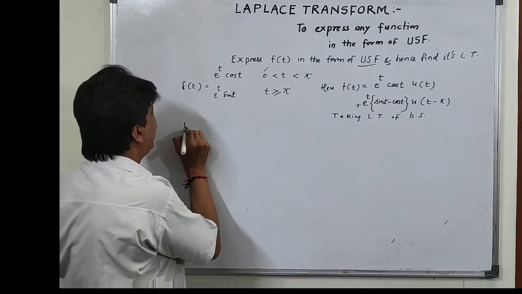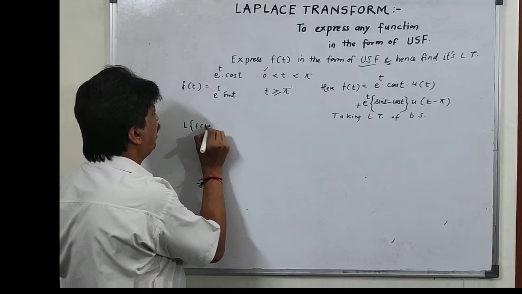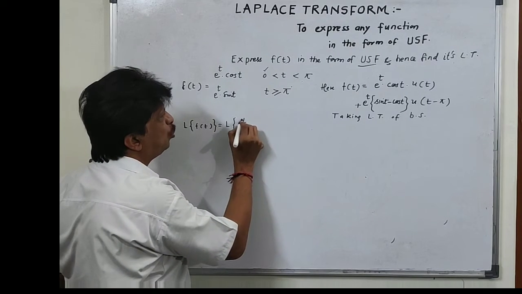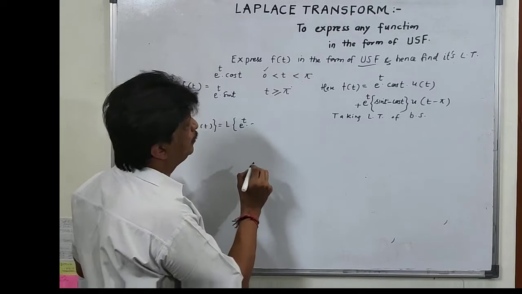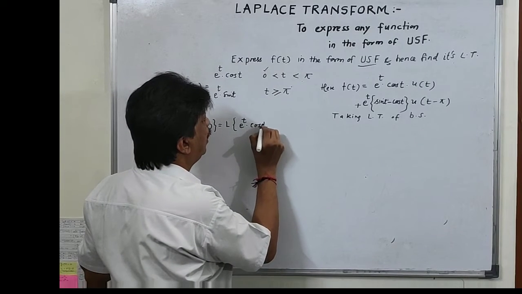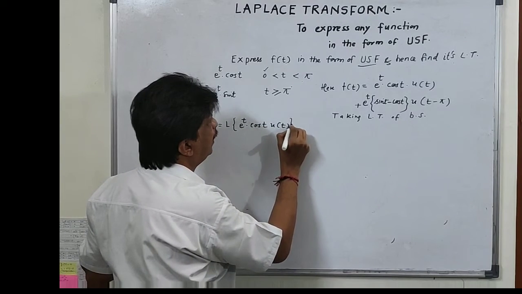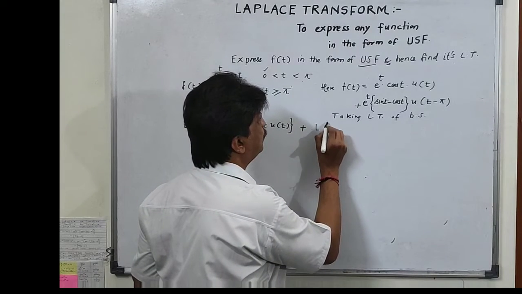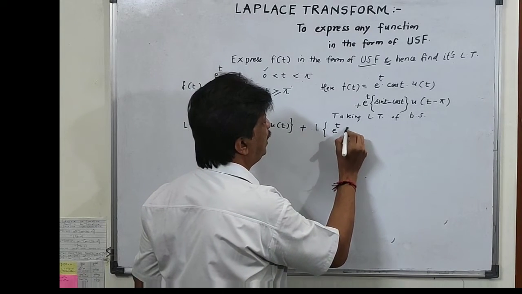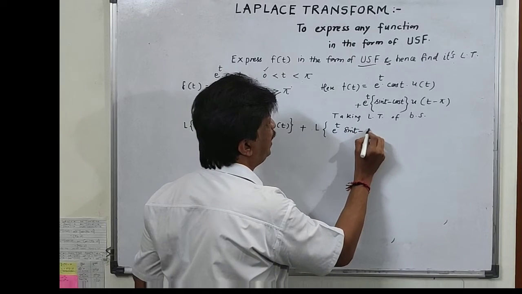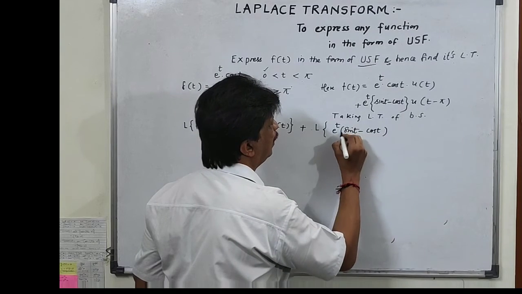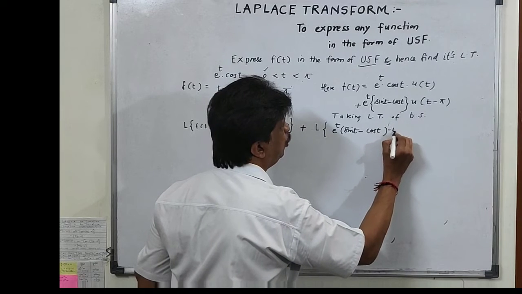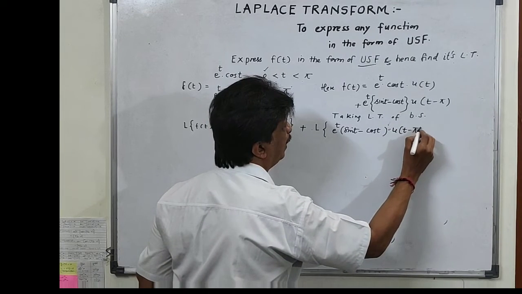Laplace transform of left hand side f of t is equal to Laplace transform of first term e raised to power t cos of t into u of t, plus Laplace transform of e raised to power t sin t minus cos t into u of t minus pi.